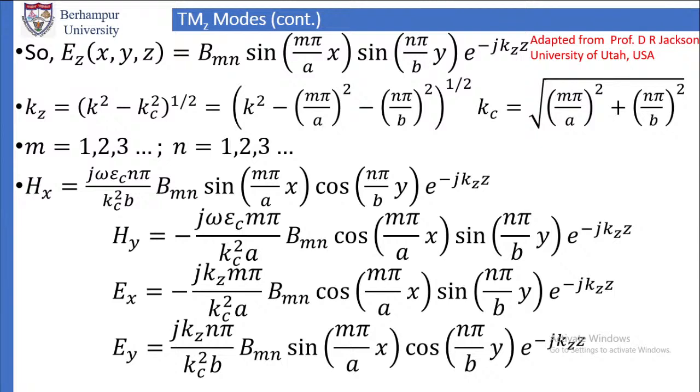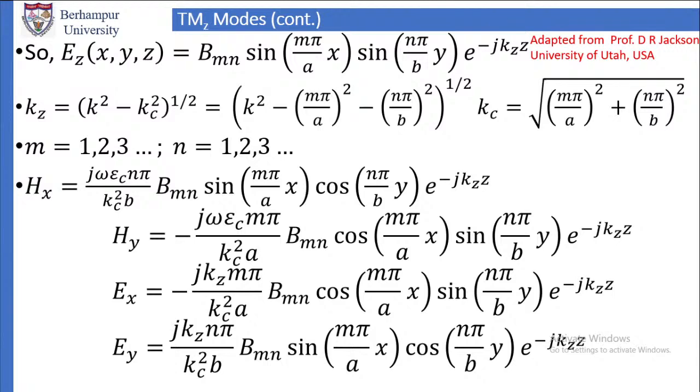Then kz is equal to k square minus kc square whole to the power half, that is k square minus m pi by a square minus n pi by b square whole to the power half. Then kc is equal to root over of m pi by a square plus n pi by b square.